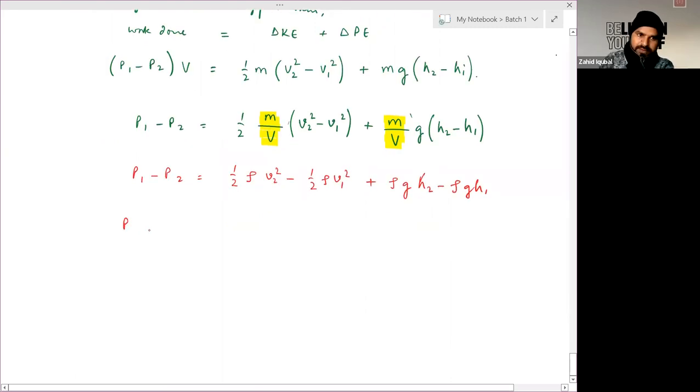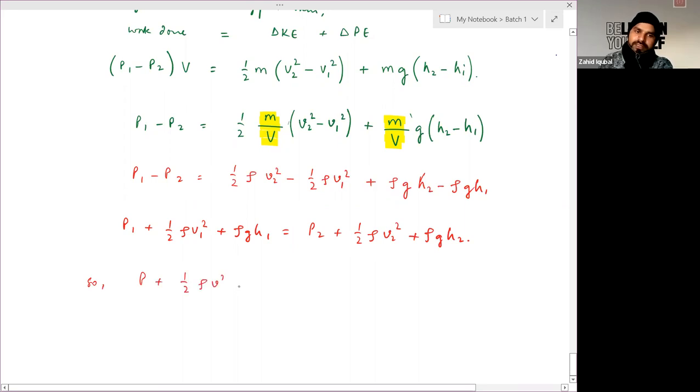So you'll get P1 plus half rho V1 squared plus rho g H1 equals P2 plus half rho V2 squared plus rho g H2. Both sides have the same terms, only the subscript changes. So we can write that pressure plus half rho v squared plus rho g h at any instant for the flow of a non-viscous incompressible liquid is constant.